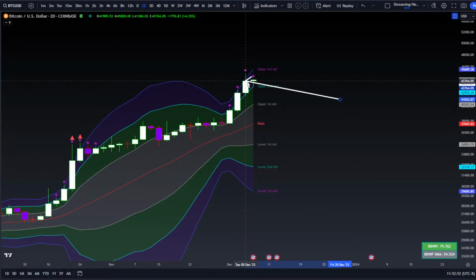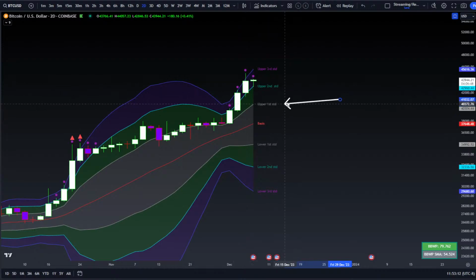So 43,764 is the close on the 2-day candle. We're likely to see the upper second standard deviation around that area when this opens on Saturday's candle. And if price is trading above there, that's going to make the highs still available.